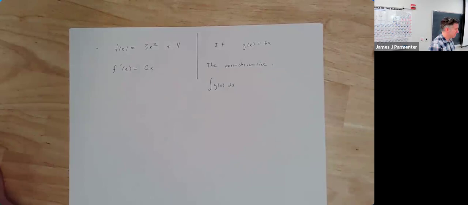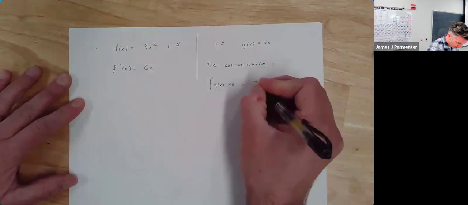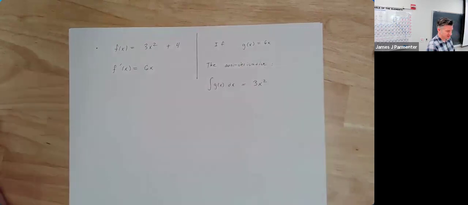Well, 3x squared is going to fit the bill. But now we have a problem, because I could add 4, but I could really add anything. I could add 7, or 9, or 13.2, or pi, or any constant that you like.